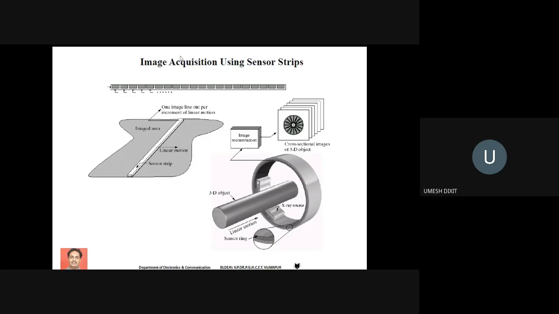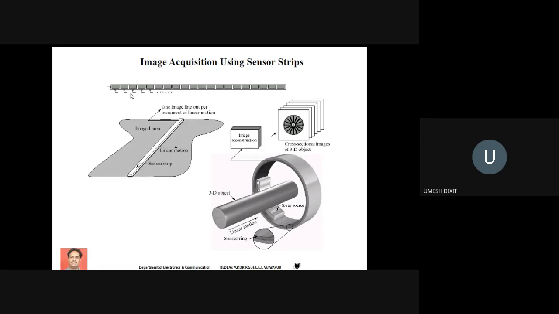If you observe this diagram, here we have a set of single sensors which will produce separate outputs depending on the energy falling on them. Depending on the amount of light falling on these sensors, they produce different electrical signals. These electrical signals are used for formation of the image at the output side.